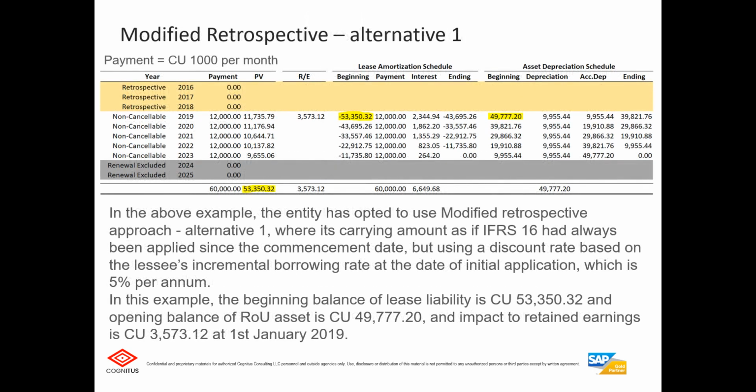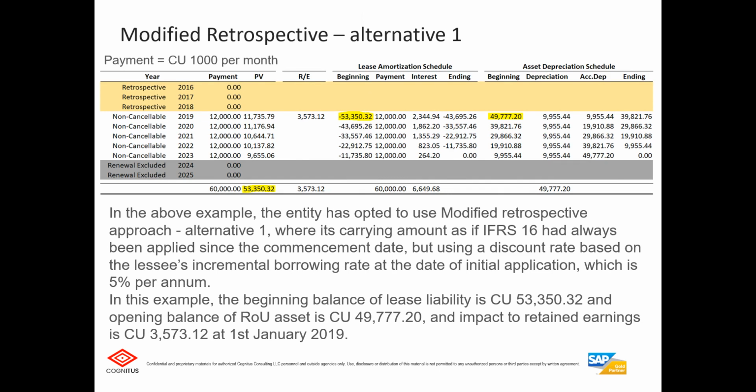In the above example, as you can see, the entity has opted to use the modified retrospective approach, alternative 1, where the carrying amount is as if IFRS 16 had always been applied since the commencement date, but using a discount rate based on the lessee's incremental borrowing rate at the date of initial application, which is 5% per year.